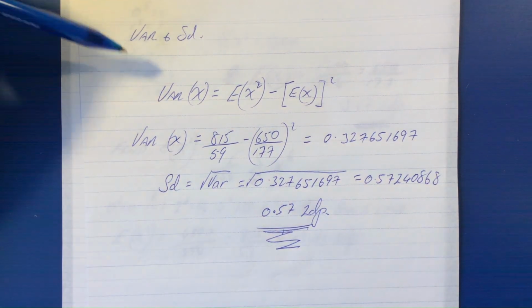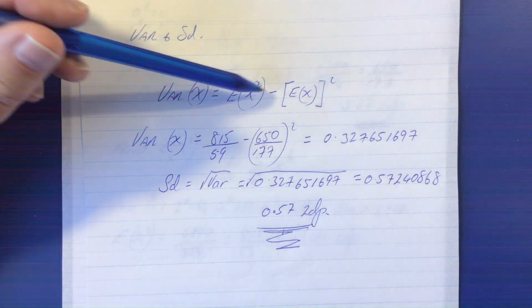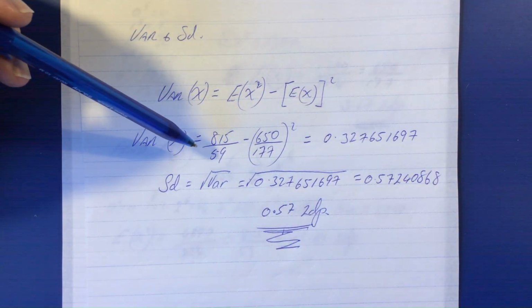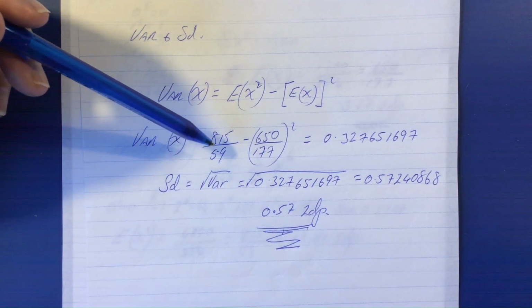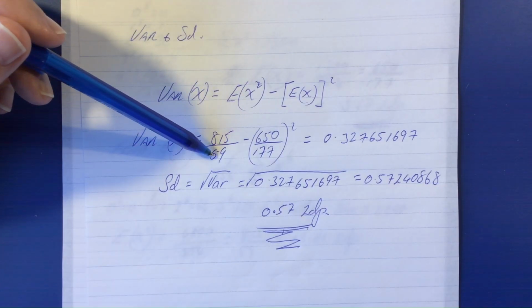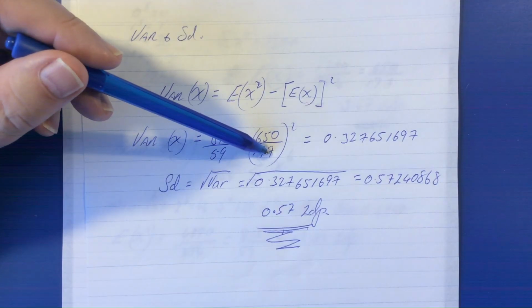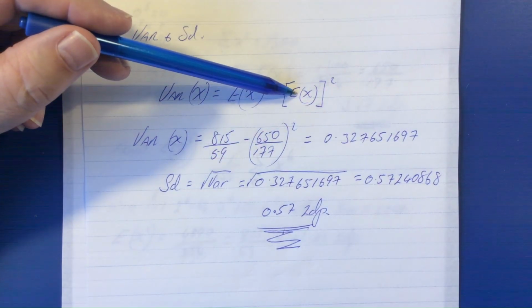Now, the variance we find using this formula, which I showed you earlier, and what we're going to do is we're simply going to substitute in the values. So 815 over 59 minus 650 over 177 all squared.